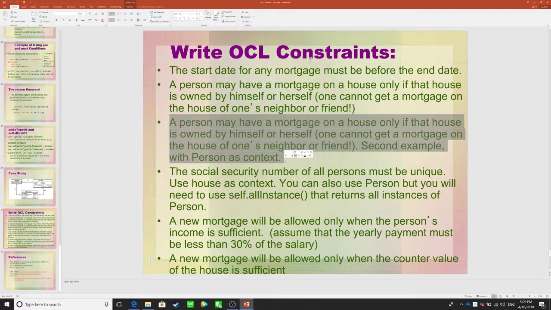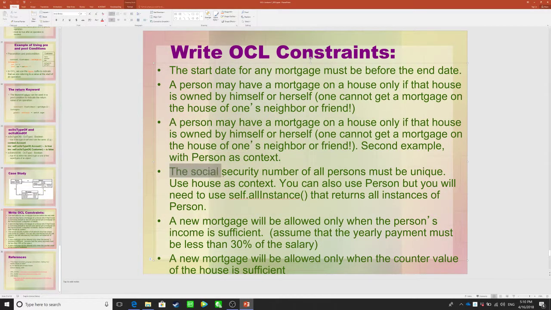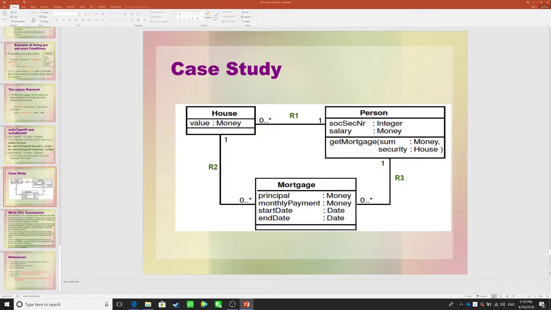A person may have a mortgage on a house only if that house is owned by himself. Have we done this last time? Yes. Okay, let's do this one. The social security number of all persons must be unique. Then use the house as context. Remember this? The social security number, SSN, for all persons must be unique. And then we use the house as a context. Okay, let's do this.